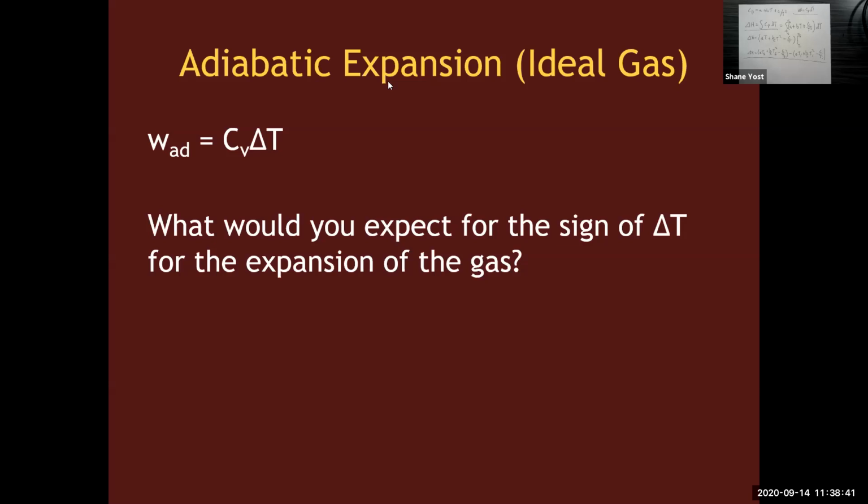The fact that the temperature is going down means that the pressure drop is very significant compared to the volume increase. The pressure has got to be dropping faster than the volume is getting larger in order for the temperature to decrease.